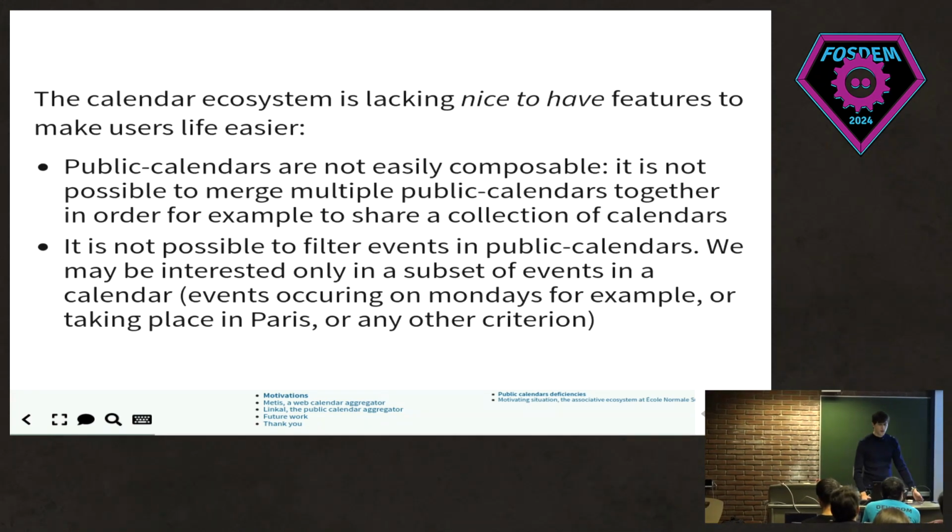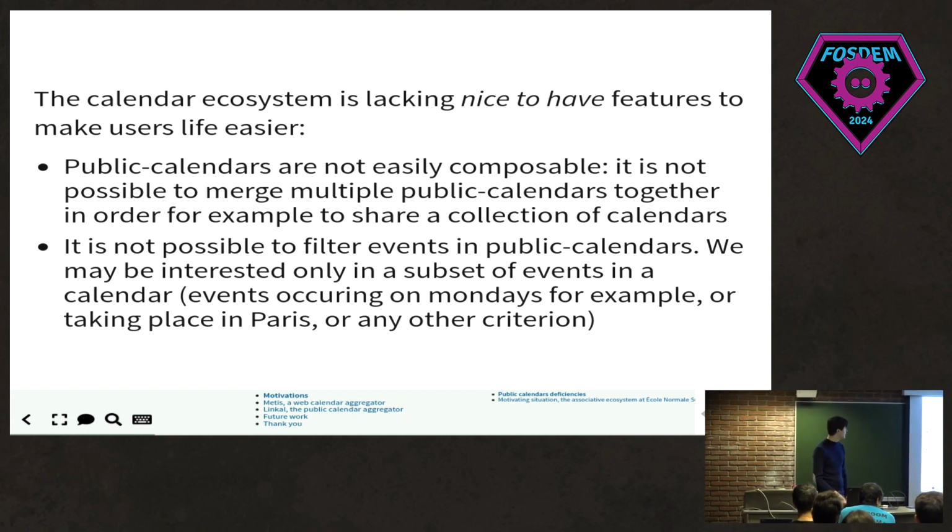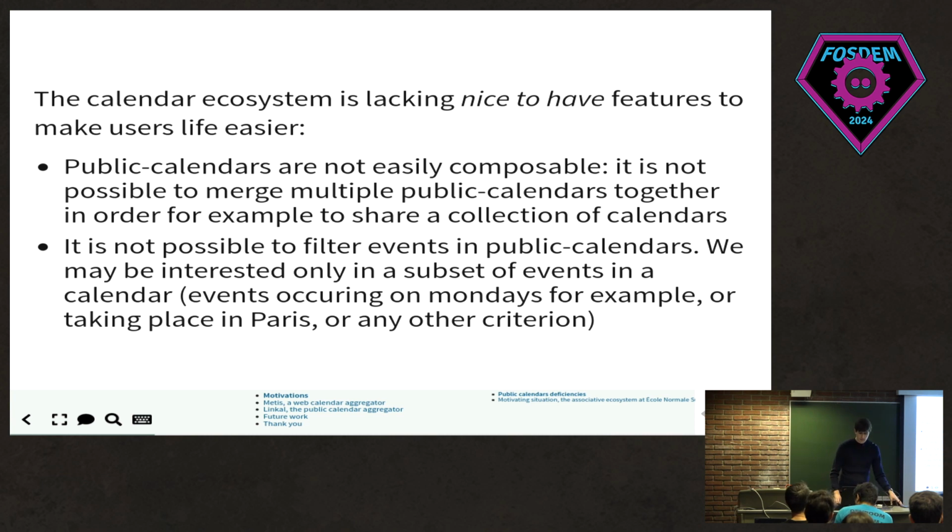I also think the calendar ecosystem is lacking some nice-to-have features that would make life easier. Public calendars are not easily composable. It's not easy to take a few public calendars and merge them into one collection of calendars, which is something you may want to do when, for example, you want to follow all events about NixOS, because I'm a NixOS developer, in your region, and you have several entities that organize these events.